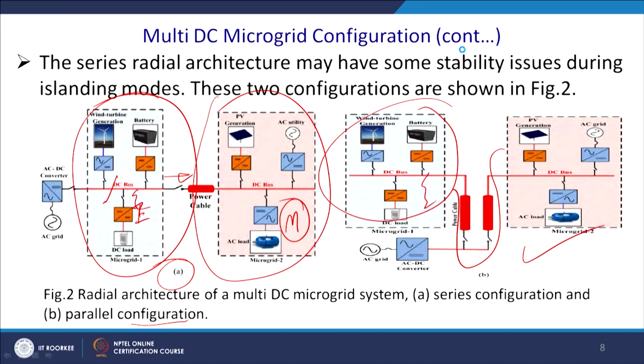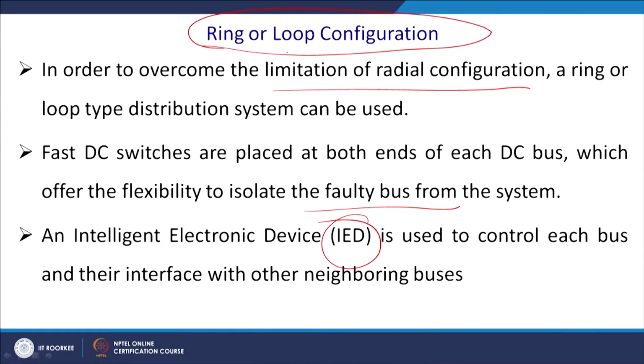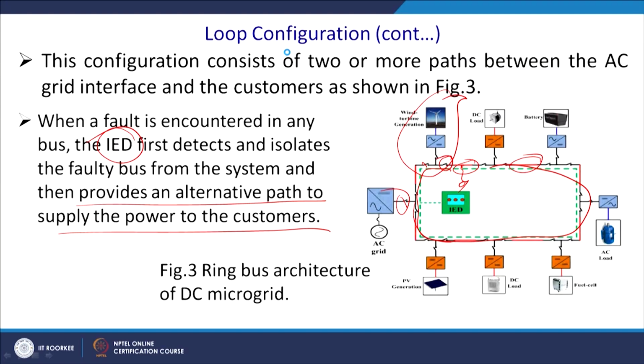Thereafter, we shall go to another mode of configuration, that is the multi DC microgrid configuration, and we shall then come to the loop configuration where you get more redundancy. And this is the loop configuration, and thus you can eliminate part of the circuit depending on the fault condition, its fault tolerant capability is maximum.